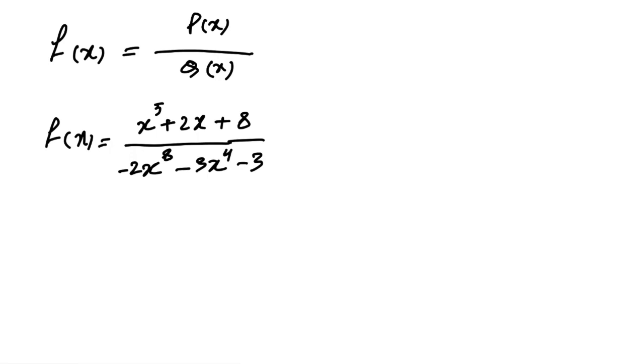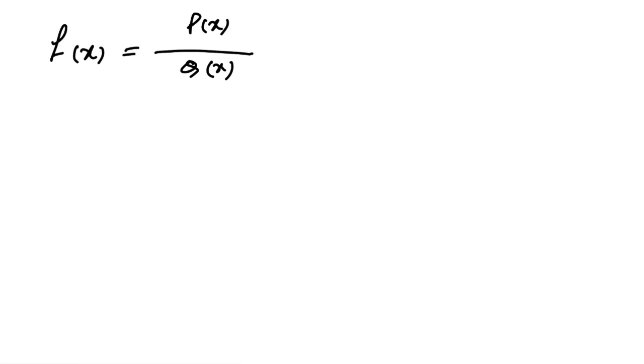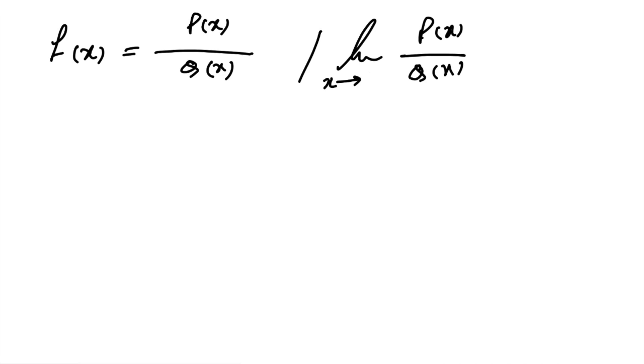So now, if we're going to talk about the limit of this type of rational function, there are three situations. Let's talk about the limit of p(x) by q(x) when x approaches a.